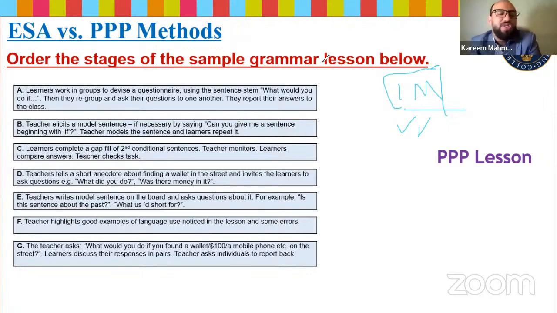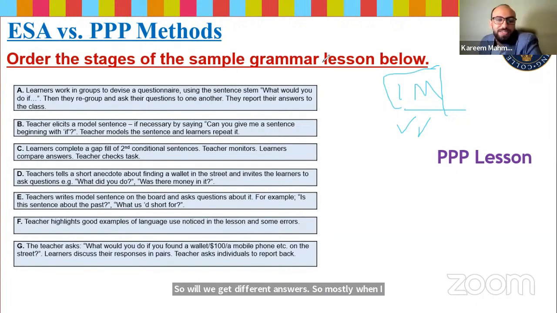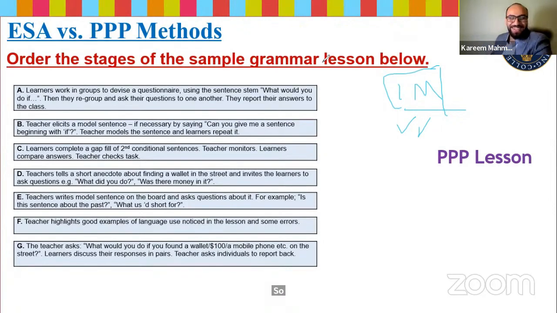So will we get different answers? Mostly when I present this task to my trainees, I always get different answers. So surprise me here.